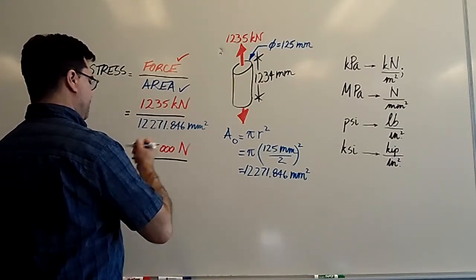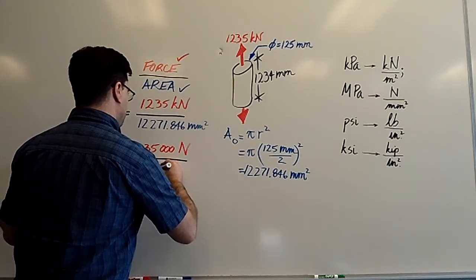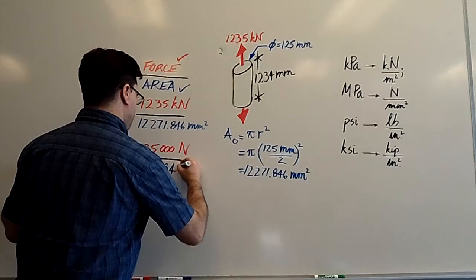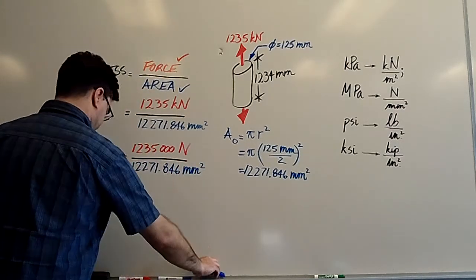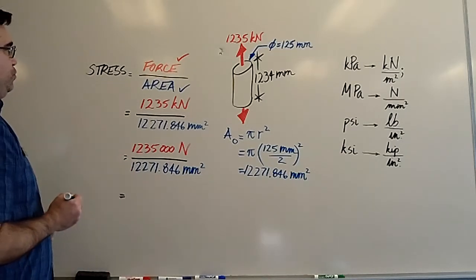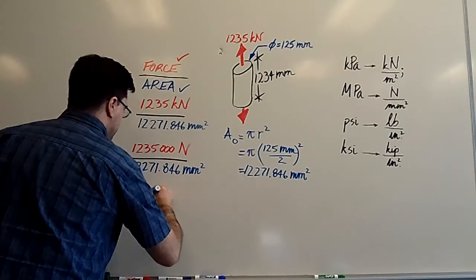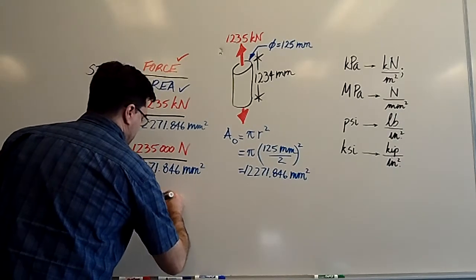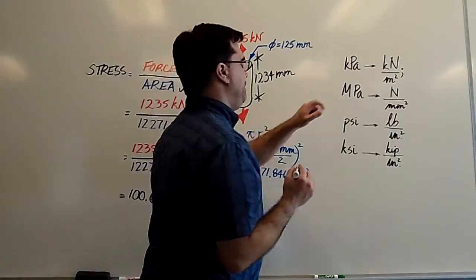I leave the denominator untouched, 12,271.846 millimeters squared. And then when I divide these two numbers, I get 100.637 newtons per millimeter squared, or MPa.